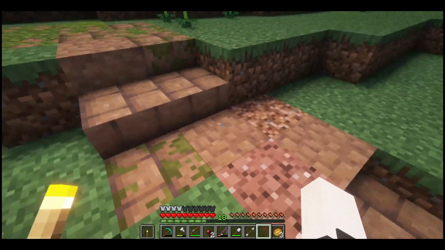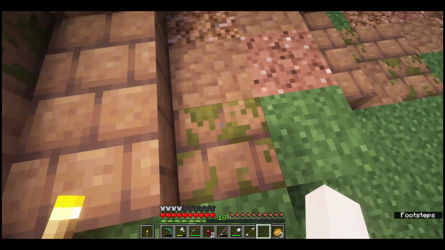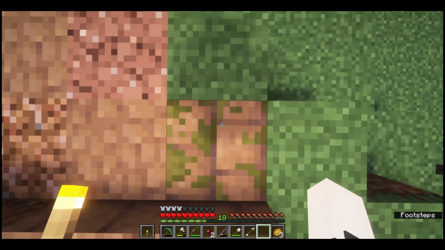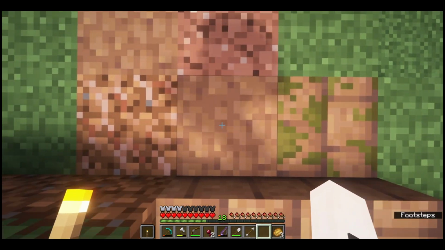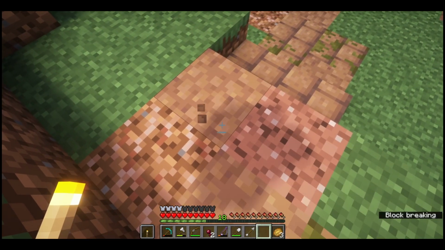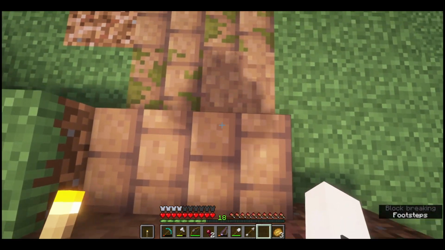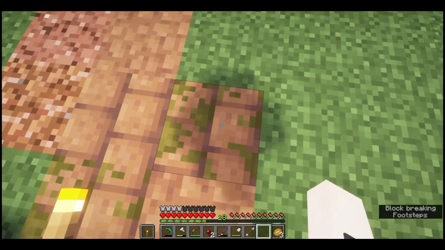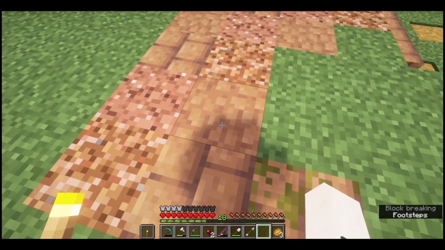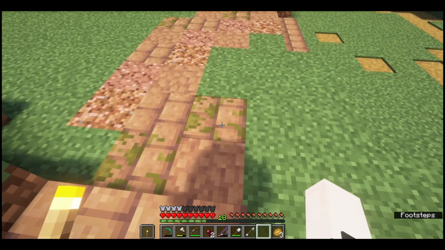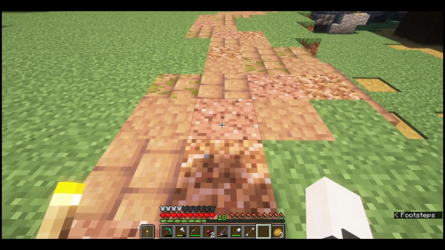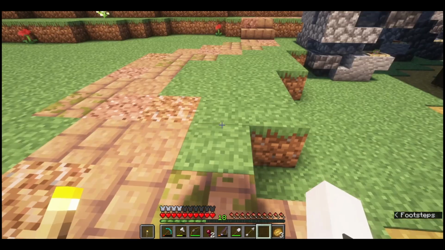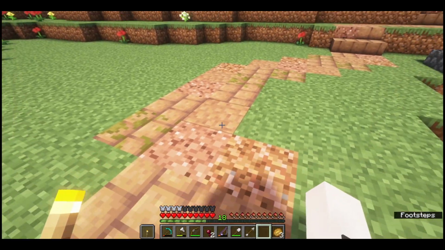Except for this specific terrace, actually, 1, 2, dupe, this follows this pattern here. That was just a random block, but I guess I must have followed something because this actually goes 1, 2, dupe this way. So you'll notice that the packed mud is actually in a pattern, and it goes 1, 2 to the side, 1, 2 to the side, and it just kind of follows that pattern.